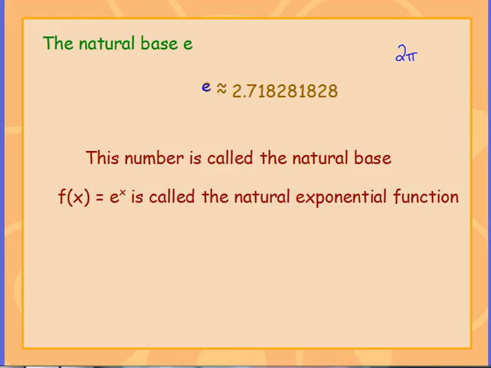This natural exponential function happens a lot in nature, like, for instance, population of insects, growth of plants, and stuff like that. So when we see E from now on, we don't think of it as a variable. It's a number.